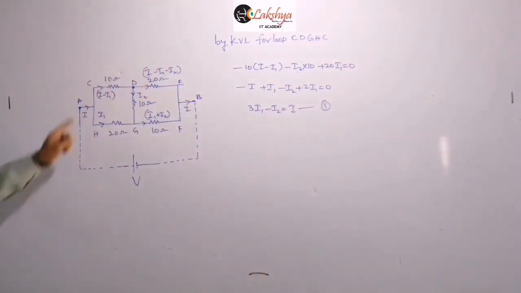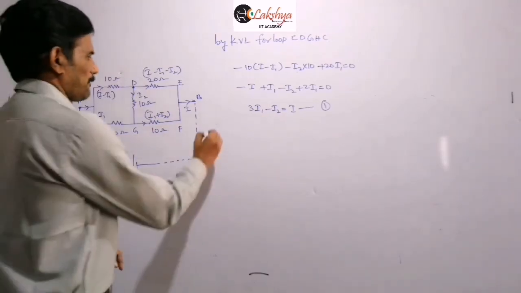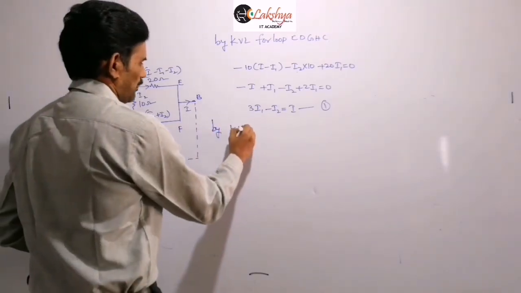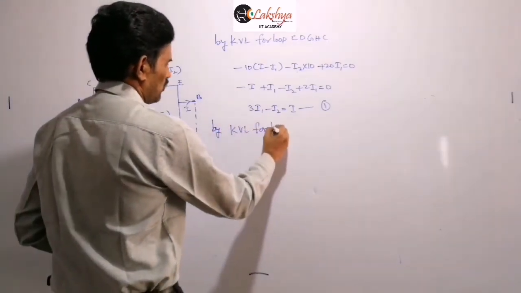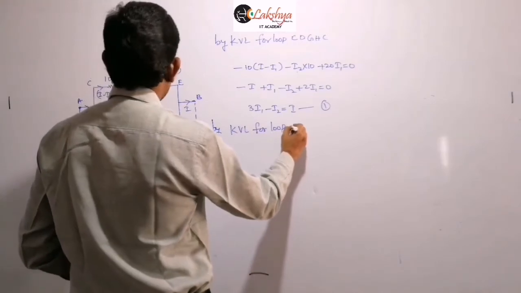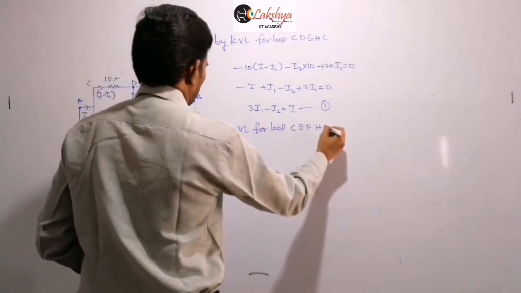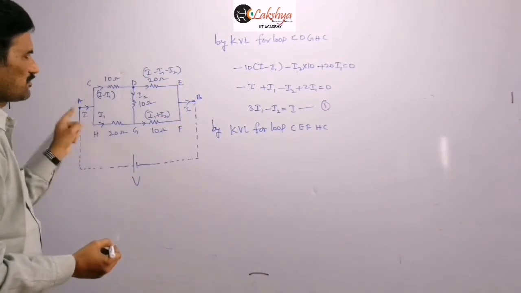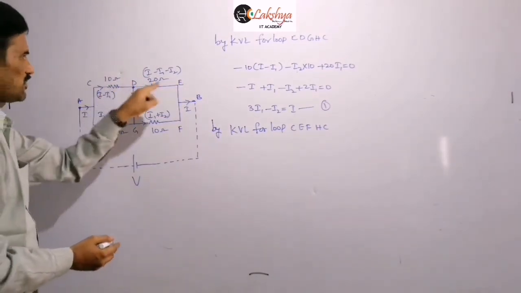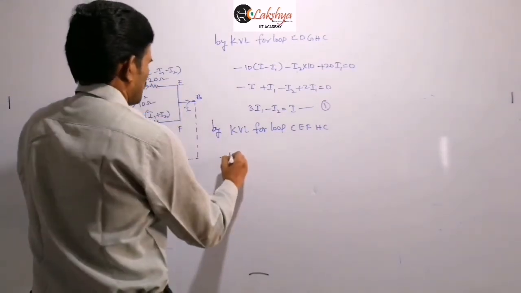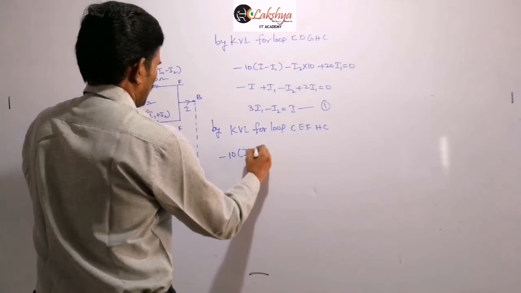And now let us apply for this outer loop I am applying here. By KVL for outer loop CEFHC. For this outer loop I am taking here. Now if you are writing from here, then this is minus 10 of I minus I1.